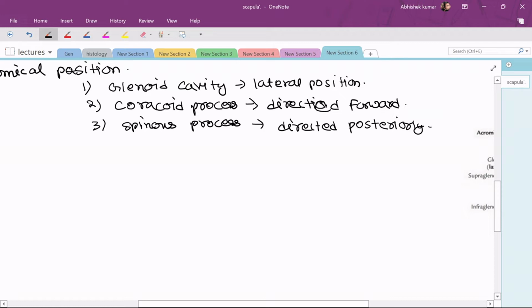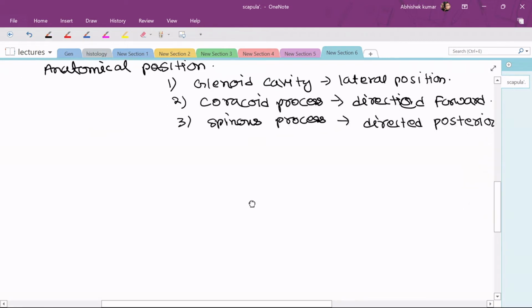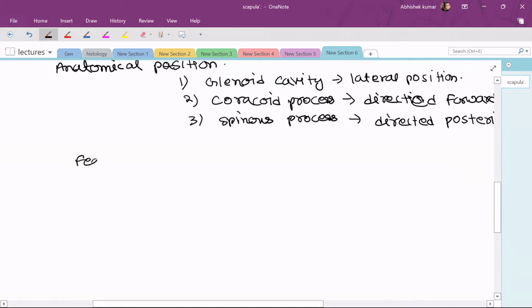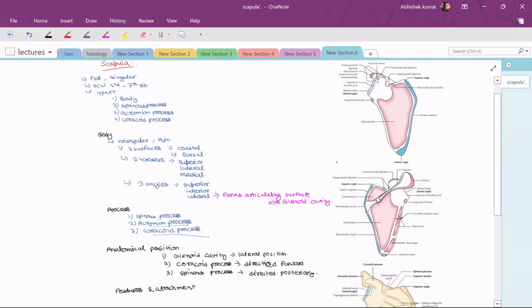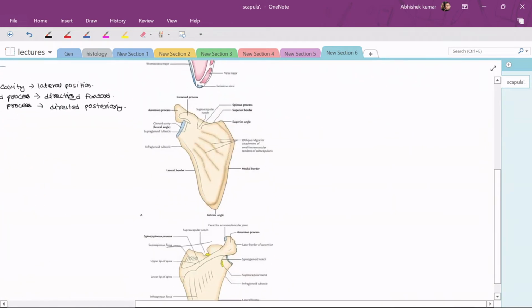Now let's talk about the features and the attachment of a scapula. First let me show you what we are actually talking about. Right.